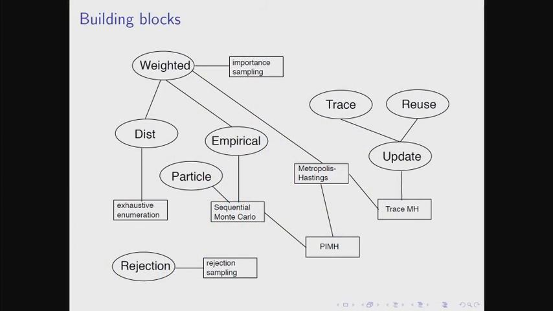So I drew a map of things that I have identified and implemented so far. I don't have time to go through all of it. But basically, the ellipses are different monad transformers, which stand for different parts of the interpretation of a program. And the rectangles are inference algorithms. And what does this say? For example, we have this weighted, which corresponds to accumulating a weight, as we've seen in the importance sampler.